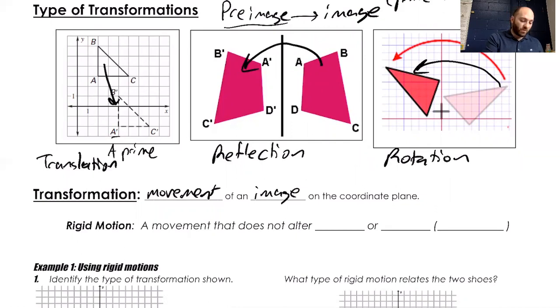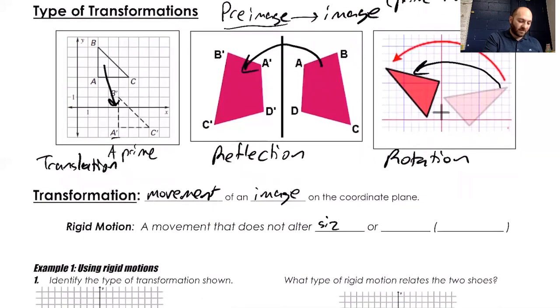A rigid motion is a movement that does not alter the size or shape of your image. Another term you might see for that is an isometry. I don't know why we have all these different definitions. We just do. So isometry and rigid motion all mean the same thing. It means that the shape from before and after are exactly the same.